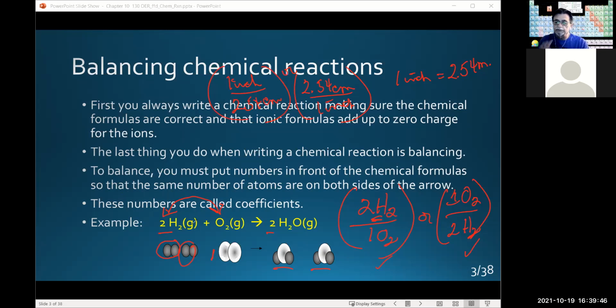But remember this also, that there's a relationship between not only the reactants and themselves, but the reactants and products. So from hydrogen to water, guess what? It's a 2-to-2, and that also is a ratio. So 2 hydrogens to 2 waters, or written as 2 waters over 2 hydrogens, okay?